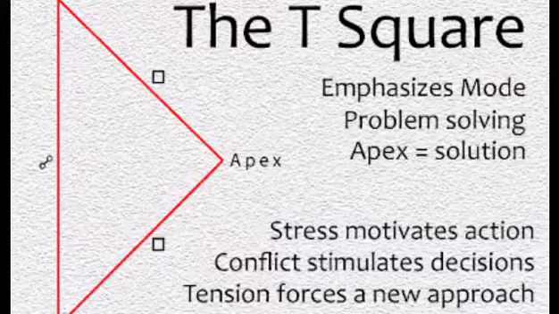Another thing is that the tension that is not released through actions caused by the squares will result in unsuccessful or undesirable outcomes. So remember, the outcome is always the apex, which is the solution.